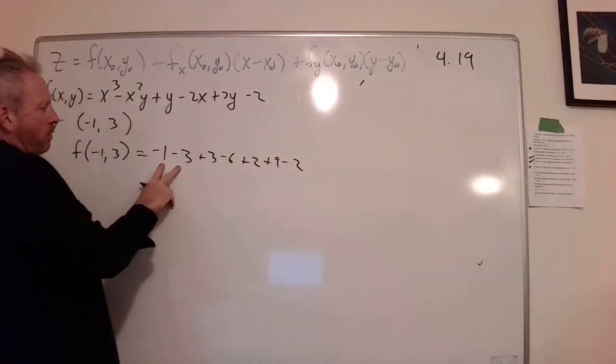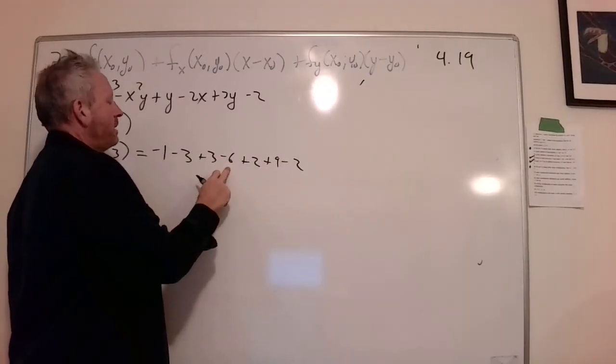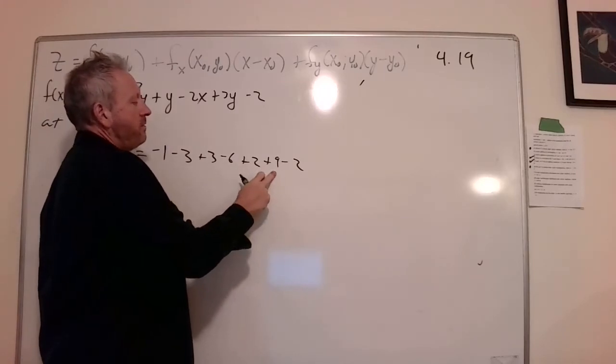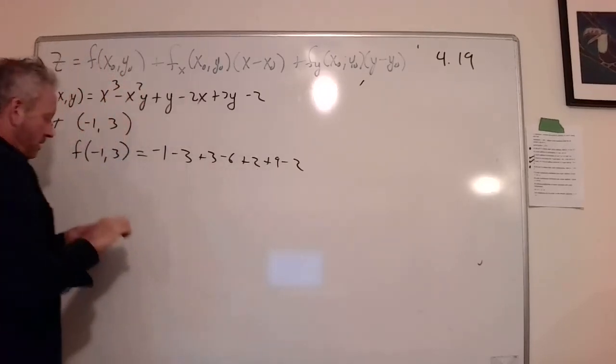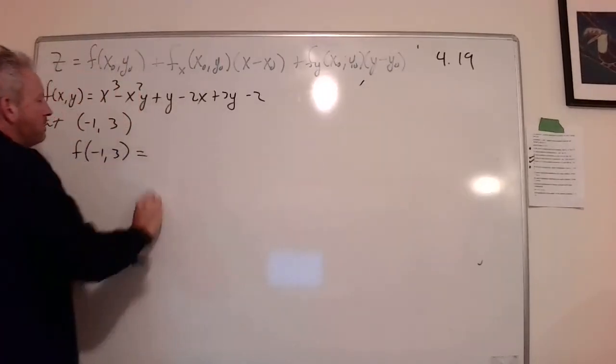So let's see, negative 1 plus 3 is 2, minus 6 is negative 4... negative 4 plus 3 is negative 1, minus 6 is negative 7, plus 2 is negative 5, plus 9 is 4, minus 2 is 2. So all that is 2. I don't think I need to leave that there for any reason.